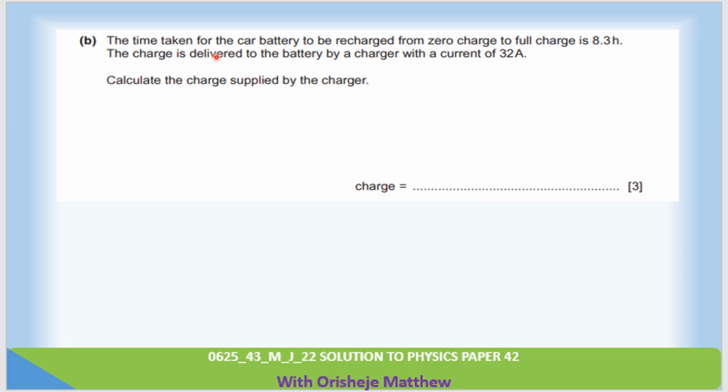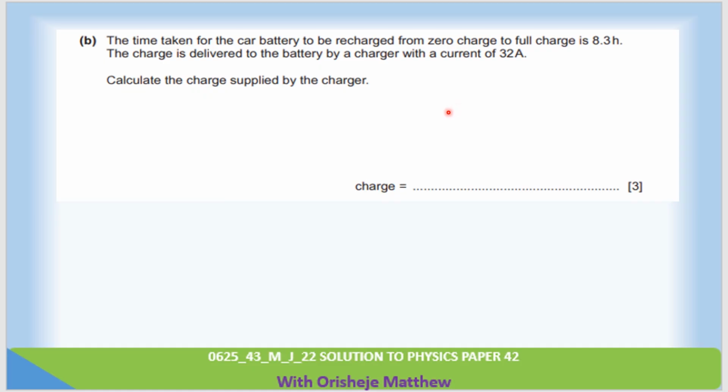Now the time taken for the car battery to be recharged from 0 charge to full charge is 8.3 hours. The charge is delivered to the battery by a charger with a current of 32 ampere. Calculate the charge supplied by the charger.